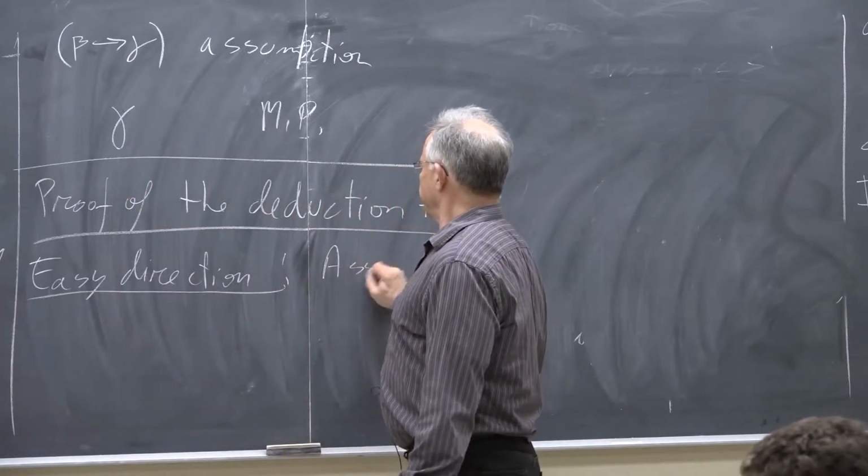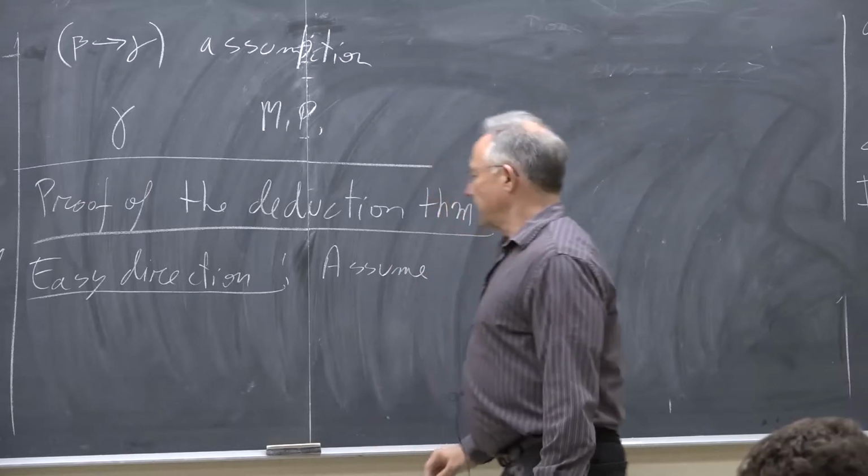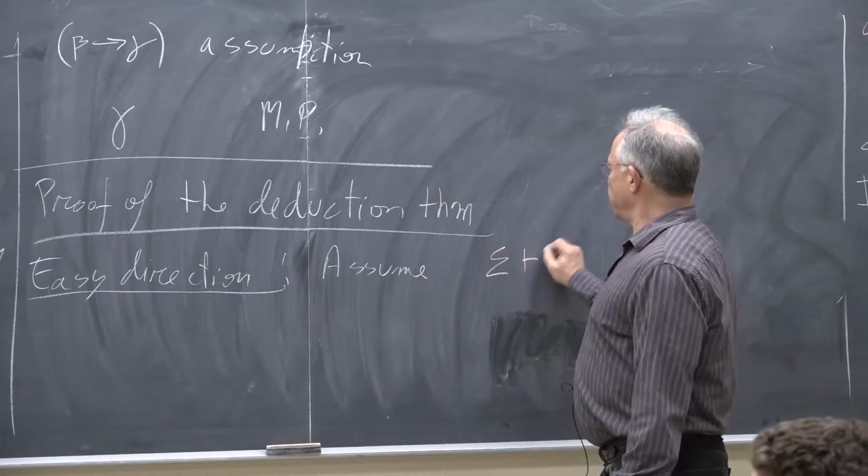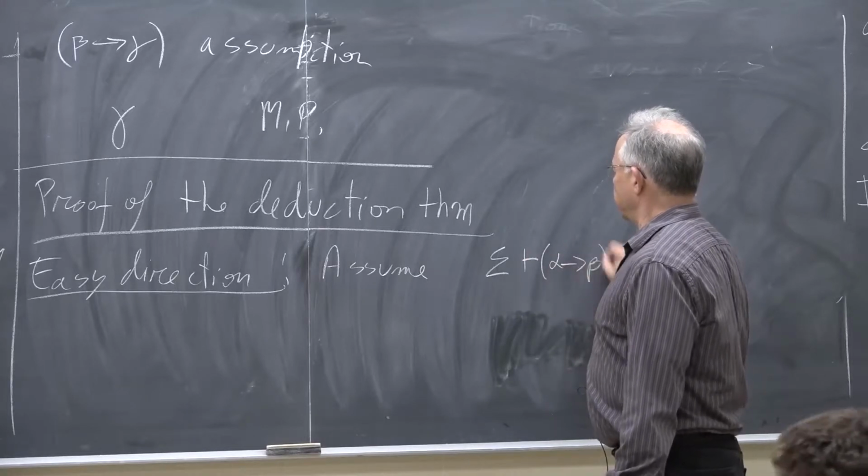The easy direction: assume that sigma can prove alpha arrows beta.